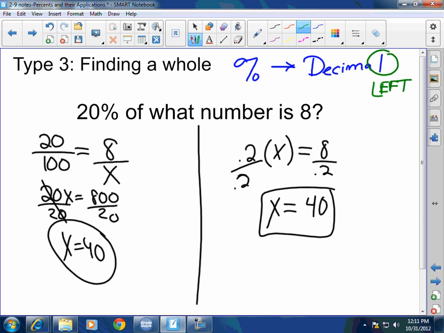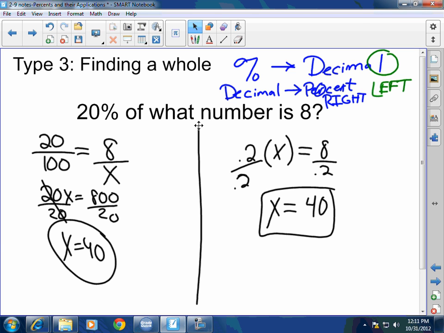Percent to decimal, left. Now, if I go decimal to percent, don't I have an R in percent? R represents you go to the right. Does that make sense, guys? So percent to decimal, L, left. Decimal to percent, R, right. 2 places. Does that make sense?